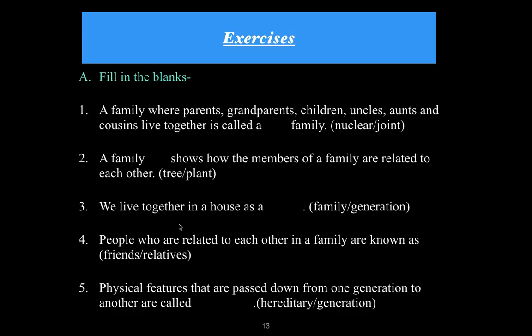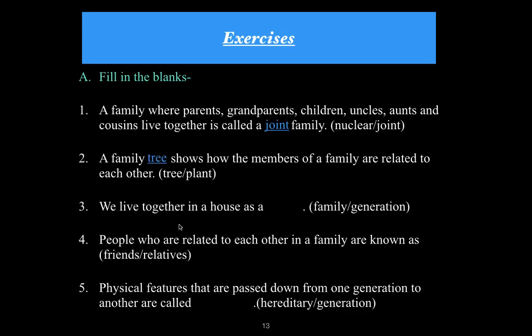Now, a family where parents, grandparents, children, uncles, aunts and cousins live together is called a, yes, joint family. Second, a family dash shows how the members of a family are related to each other. Yes, a family tree.